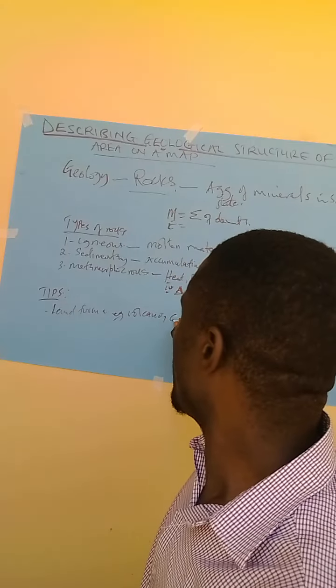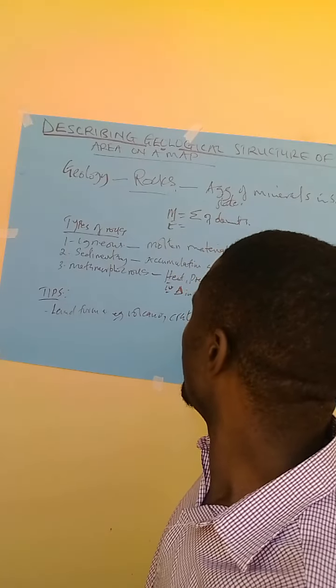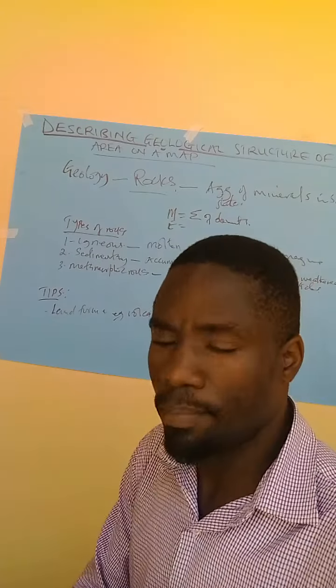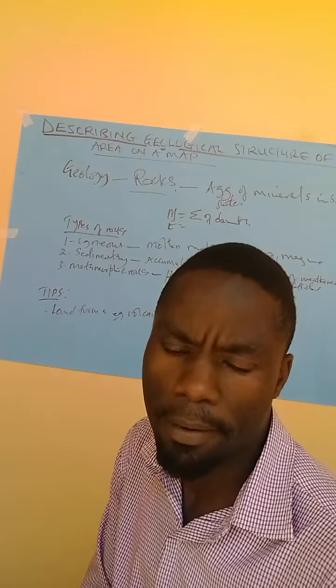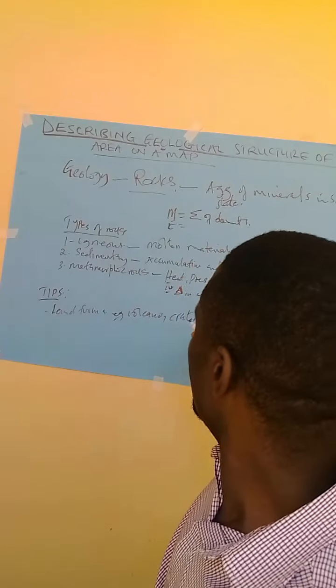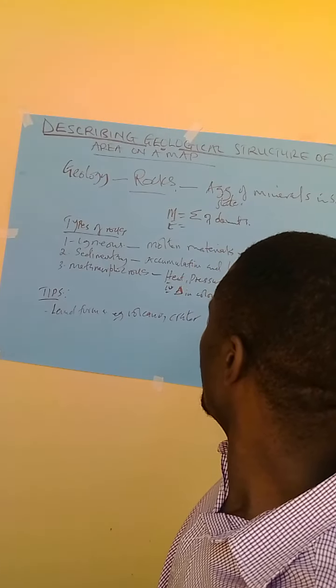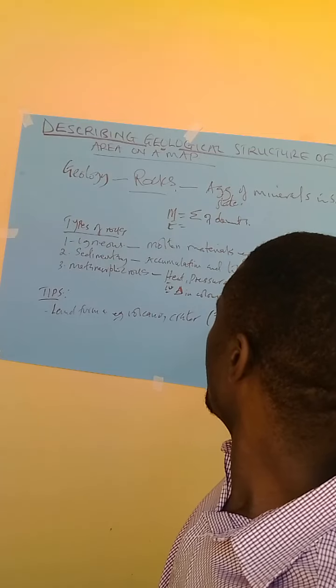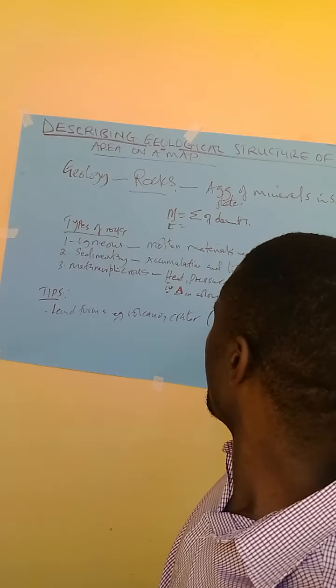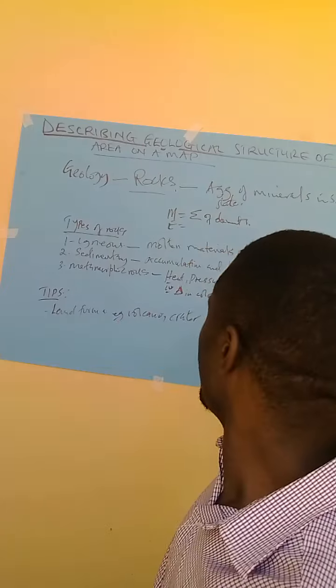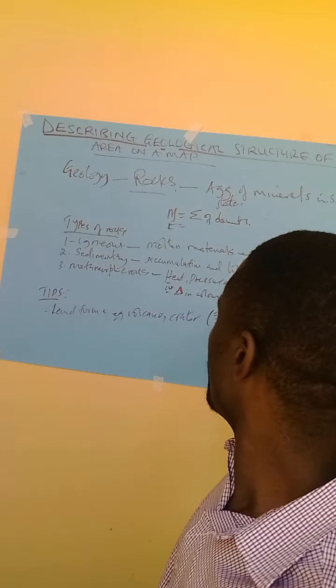There is a crater. A crater is a funnel-shaped depression that is found on top of a volcano. On the map, we always show a crater by these lines. You always find them on the map. These ones indicate a crater, and they are also used to depict the slope or the direction of slope of an area.